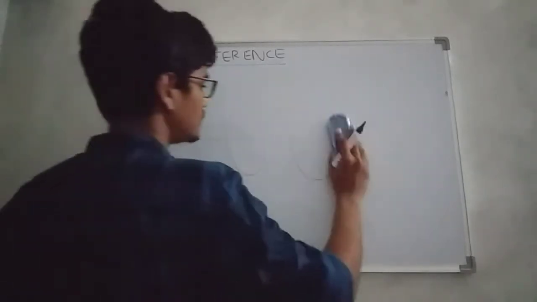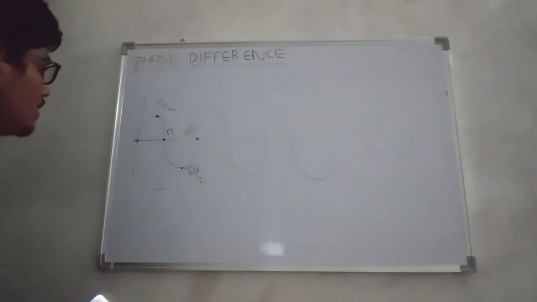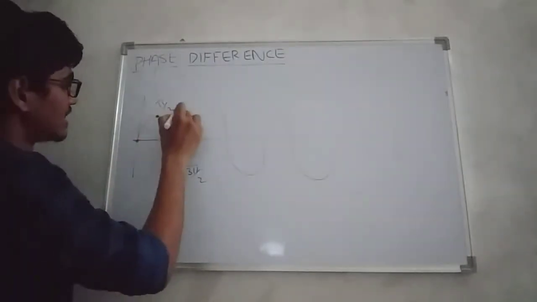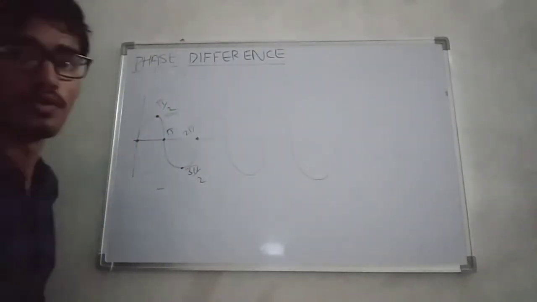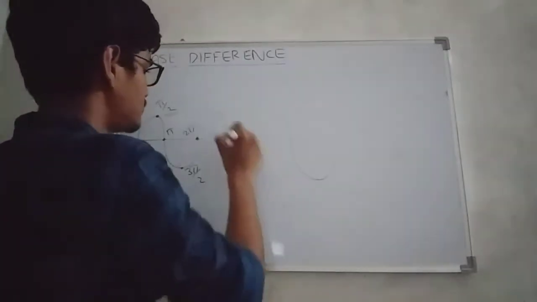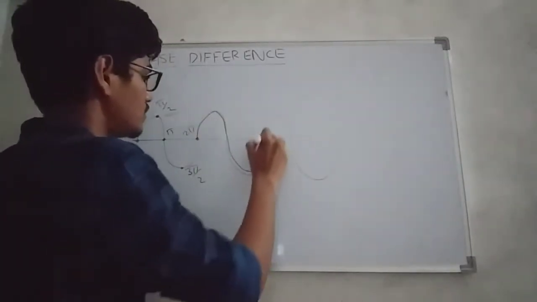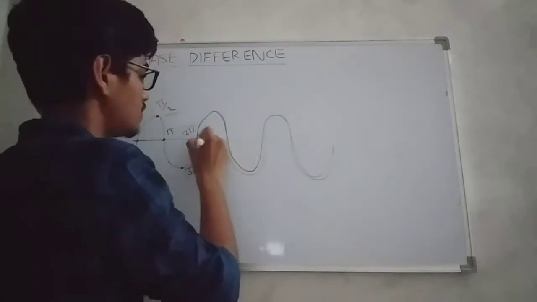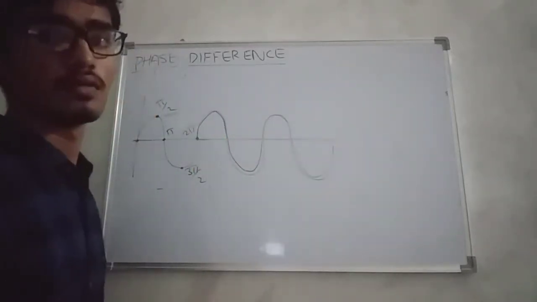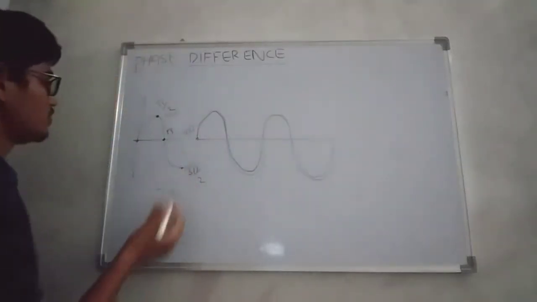But why does this particle have phase pi by 2? We can prove that.